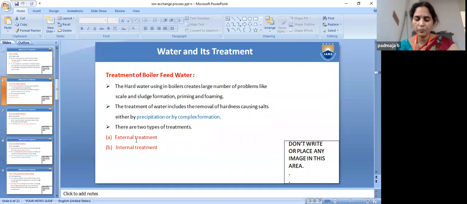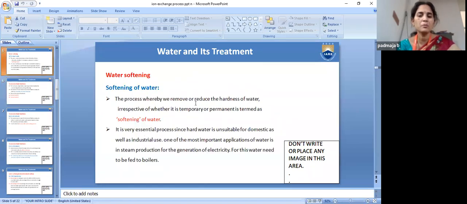Why do we have to go for softening of water? Because we use water for domestic purposes and industrial purposes. In domestic use, we use water for washing, cooking, and bathing, so we can use moderately hard water.